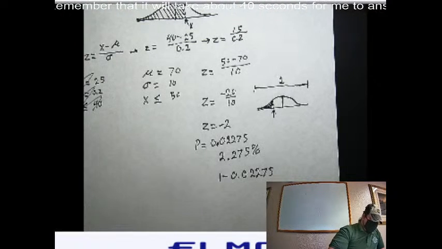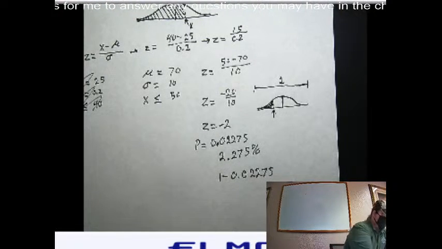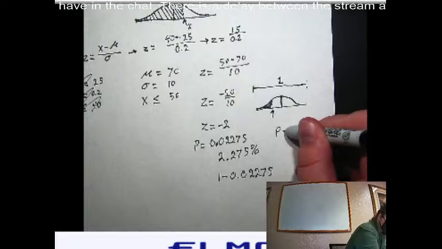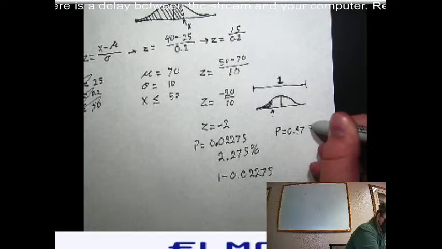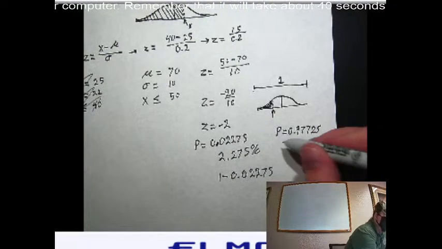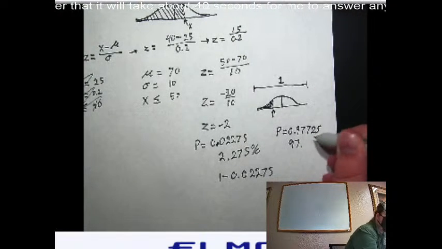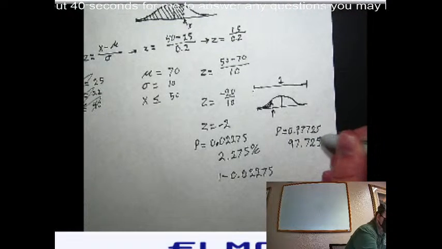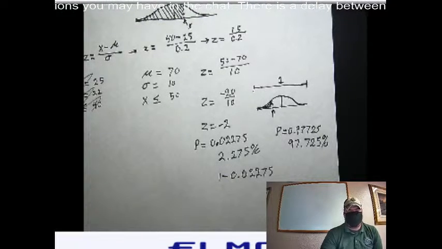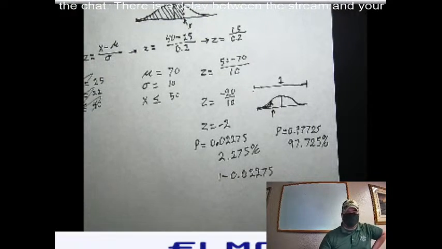So 1 minus 0.02275, and we get that the other side would be a probability of 0.97725, or again as a percent, that would be 97.725%. Okay, so any questions?